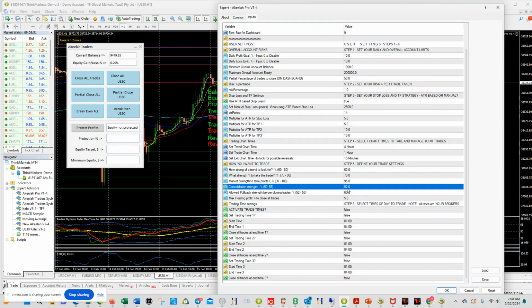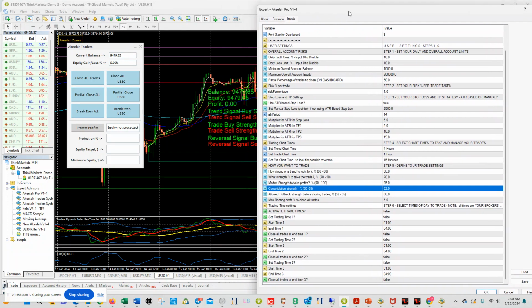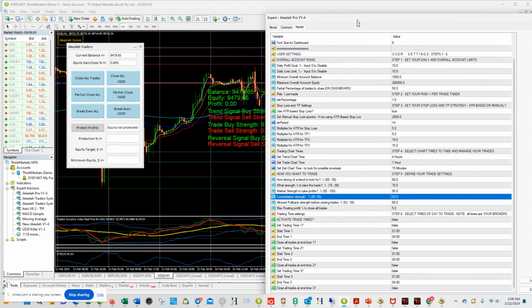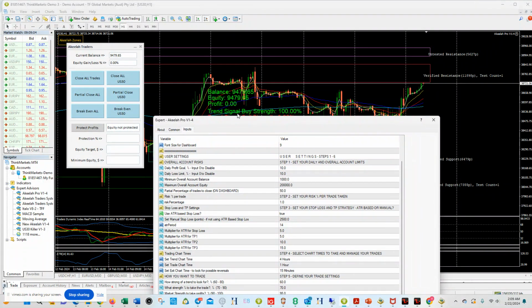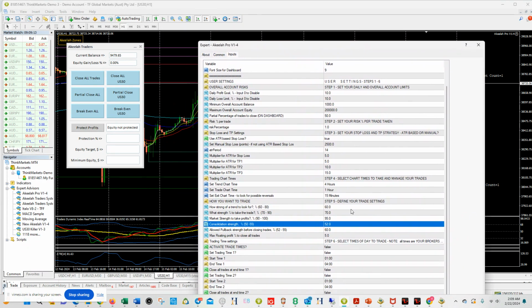Next input is a consolidation. Consolidation says I want to scan the market to see for areas where the market is not moving much. Maybe I've got US 30 here in the background on the hourly. Maybe during this time period up in here, the market was kind of moving sideways. Well, I can specify a setting here to say if the overall market strength stays below this number, I may have that at 55 or something.